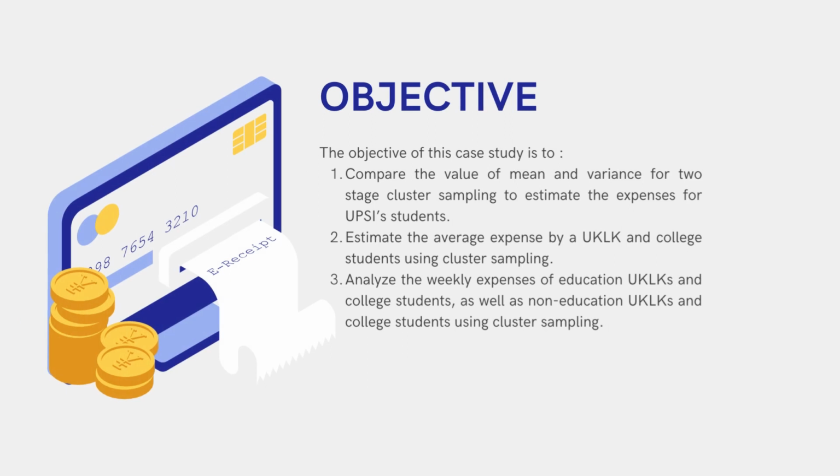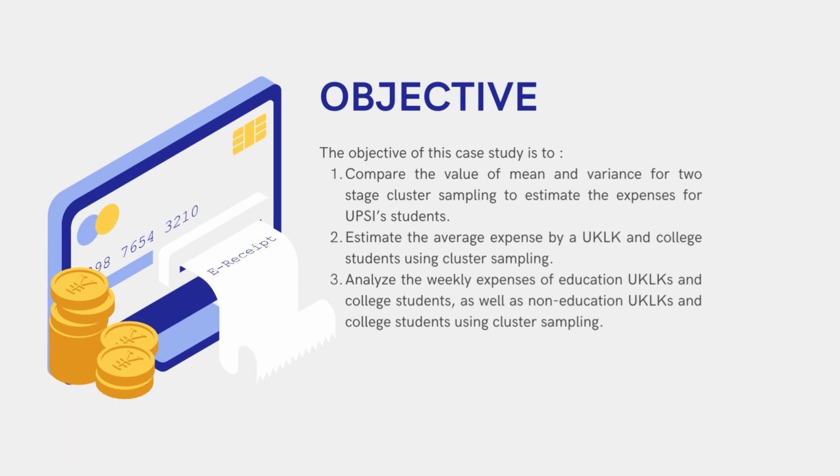Okay, for this case study, we have three main objectives that we want to achieve. The first one is to compare the value of mean and the variance for two-stage cluster sampling to estimate the expenses for UPSI students weekly. The second one is to estimate the average expenses by the students who stay in a college and those who stay in the UKLK area by using this cluster sampling.